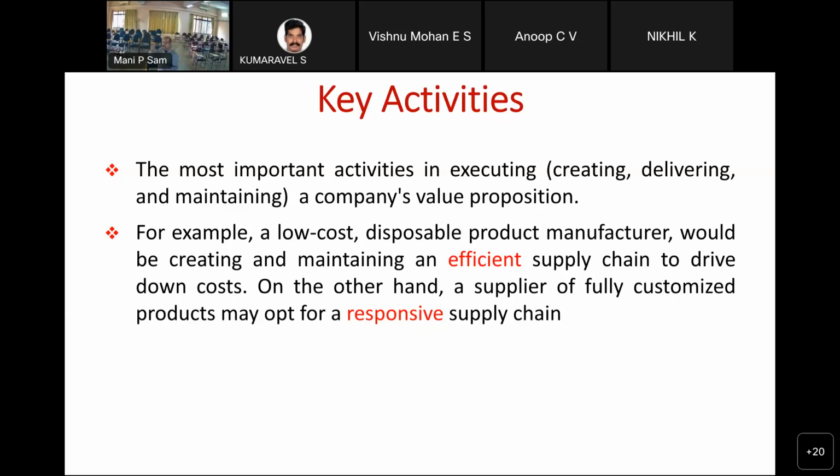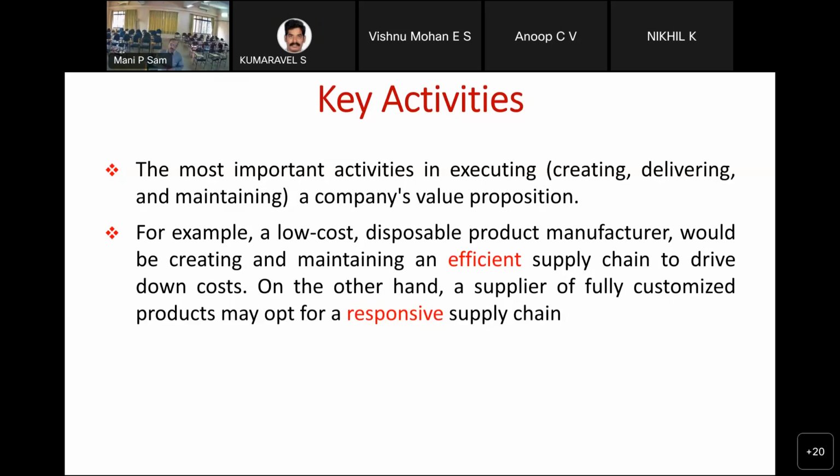How is it going to be delivered? After delivering it, are you able to maintain it, upgrade it? Doing all that calls for different set of activities.